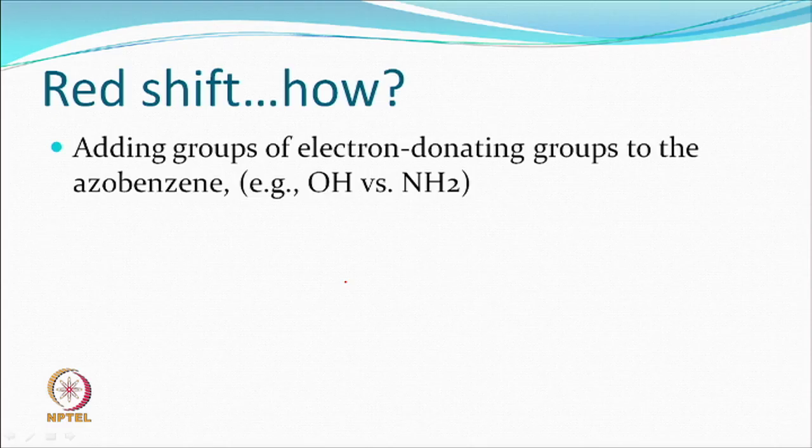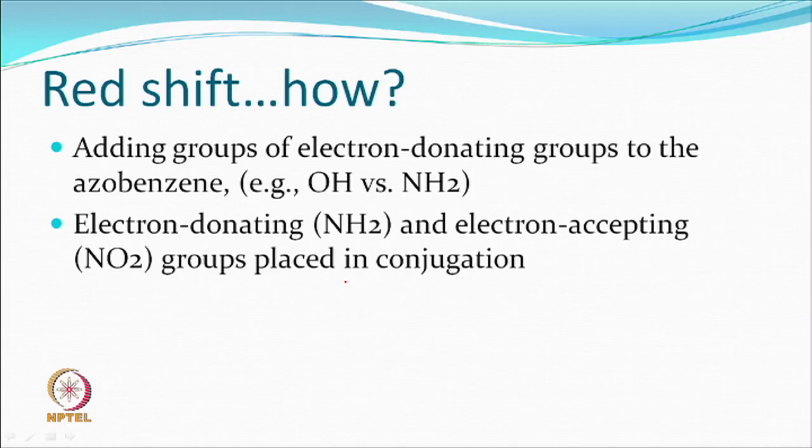How can it happen? It can happen if you have electron donating groups, the same azobenzene which you had seen. If you add something like NH2 or OH, things will be different.